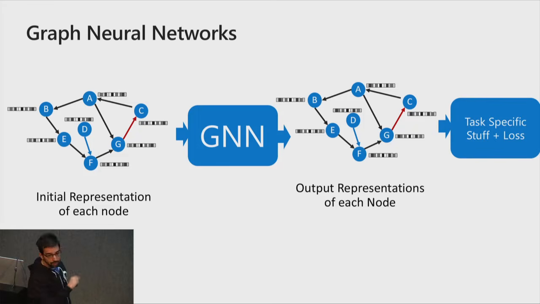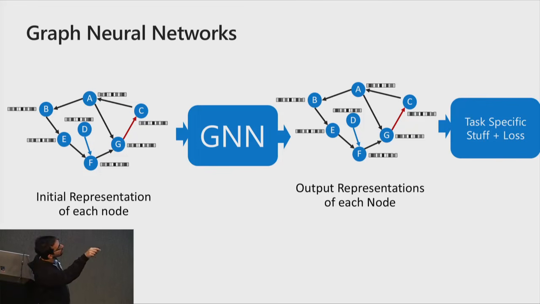And now these vectors here are going to have information not about node A, as you had initially here, but how A belongs within the context of this graph. So you're essentially saying, given the features that I had initially here, and the structure of the graph, and the neighbors, and what the neighbors had to say or do, and what is the representation here. So a GNN computes these representations once it's trained.